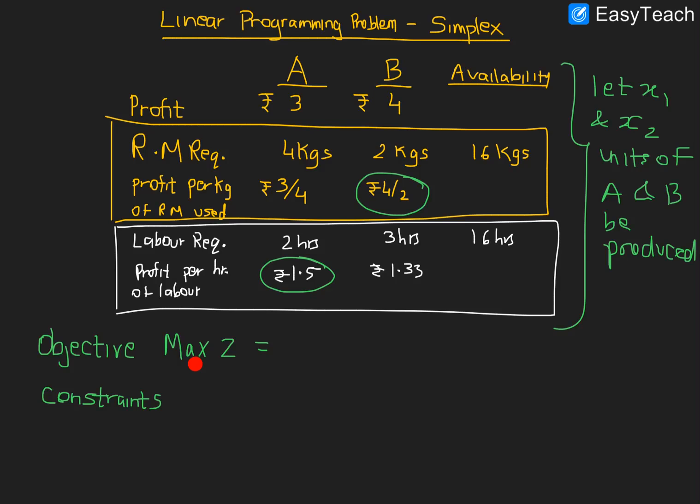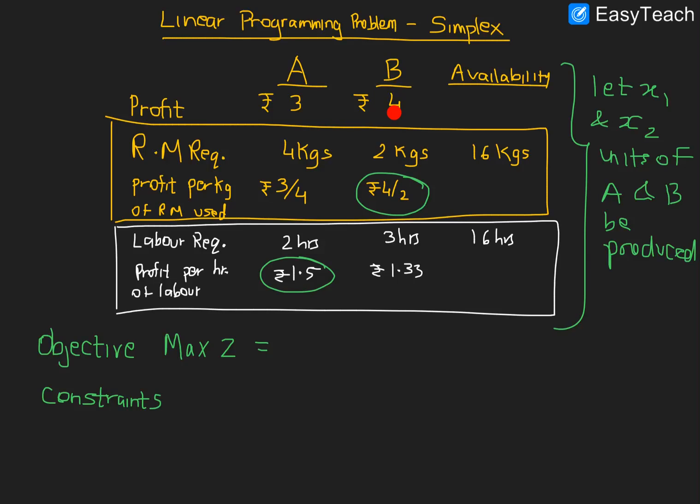So the objective: maximize Z equal to my total profit. Here you need to understand that this Z is nothing but my total profit. By producing 1 unit of A, I get rupees 3. By producing 1 unit of B, I get rupees 4.